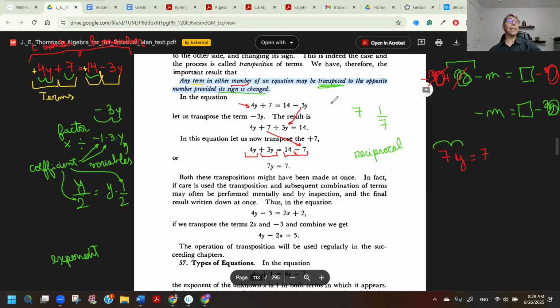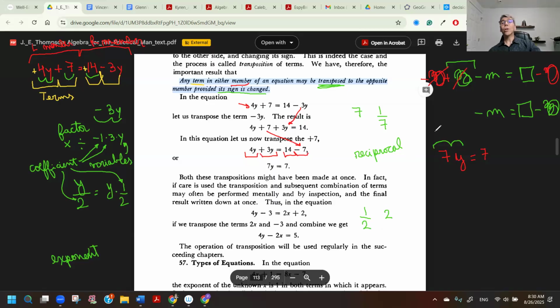I'm dividing that. What would be the reciprocal of 1/2? What is the reciprocal? Trent? 2. That's right. The reciprocal of 1/2 is 2.